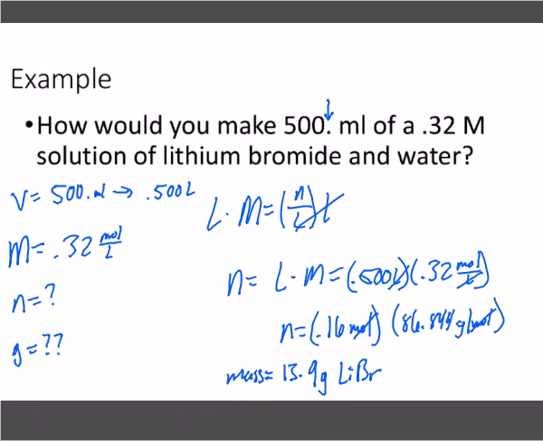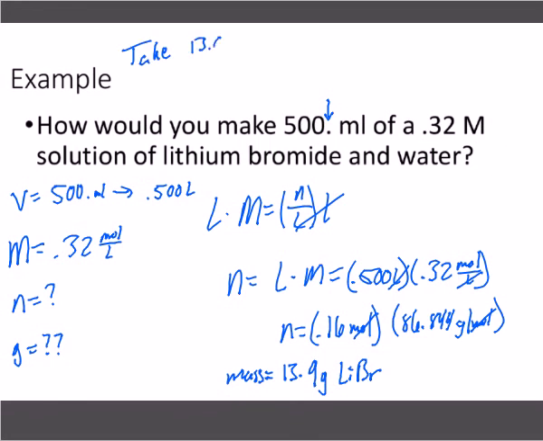Now, one last thing, guys. If I ask you on a test, how would you make a solution? You have to describe making that solution. So how could we write this to kind of answer that question, to describe it?